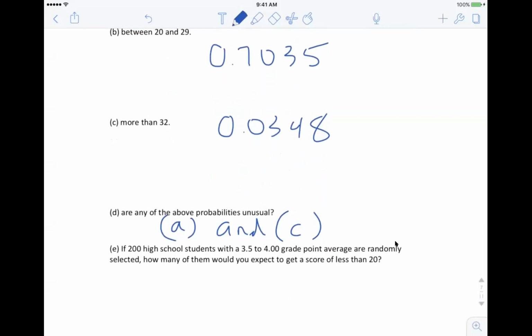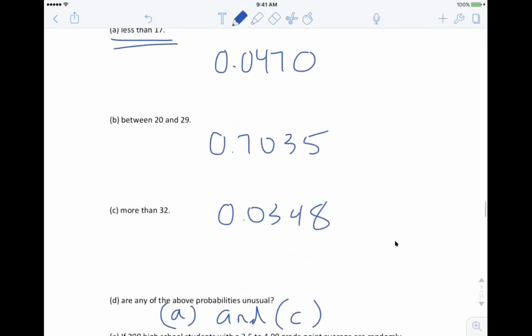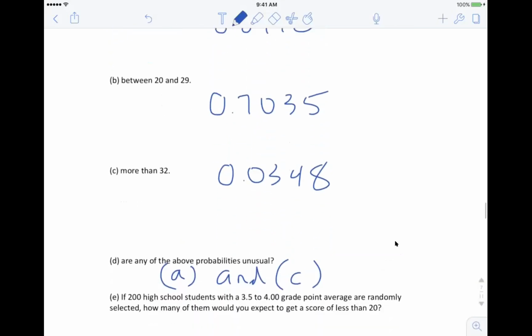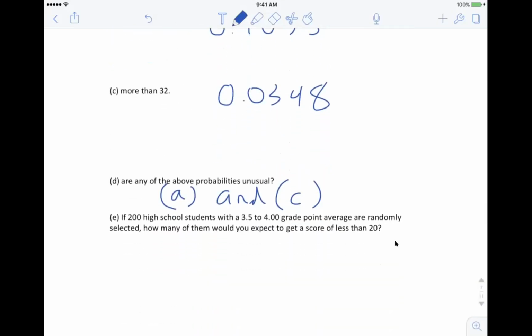And then if 200 high school students are randomly selected, how many of them would you expect to get a score of less than 20? Okay, well, we didn't find less than 20. Let's do the less than 20 the old-fashioned way on this one, just to practice finding that z-score again.